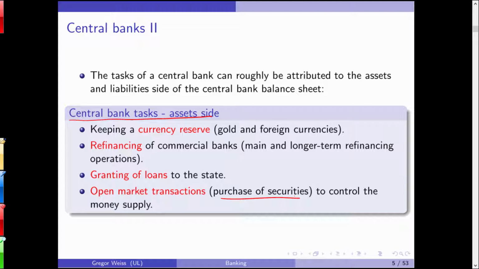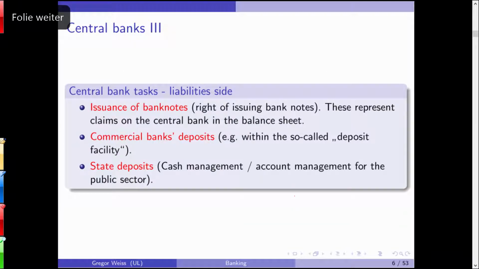This is usually the motivation for the central bank for quantitative easing. This is what it's called. The central bank intends to give out loans to commercial banks so that commercial banks on their own are able to give out more loans to firms, which will then again create jobs and increase economic growth. So we have open market transactions on the asset side here.